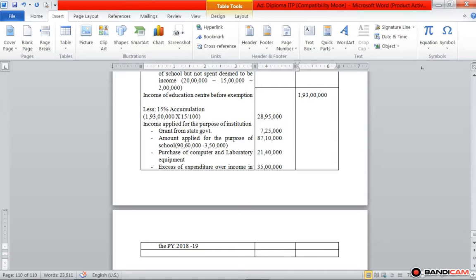So the answer is 1 crore 79 lakh 70,000.